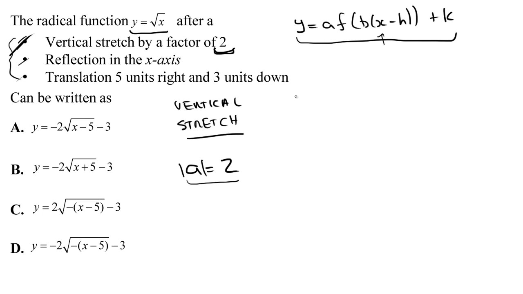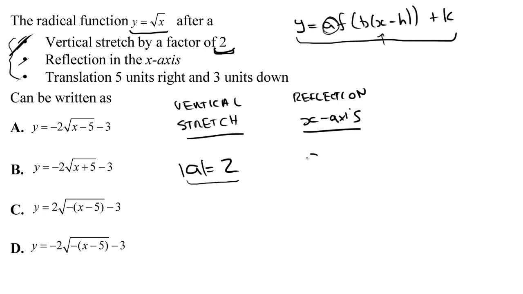For the second one, it says we got a reflection in the x-axis. Okay, so which of these parameters here is going to flip it in the x-axis? The way I remember that is that in order to flip it in the x-axis, you've got to change all the y values from positive to negative. And the way you do that is by making this a value equal to negative what it already is.